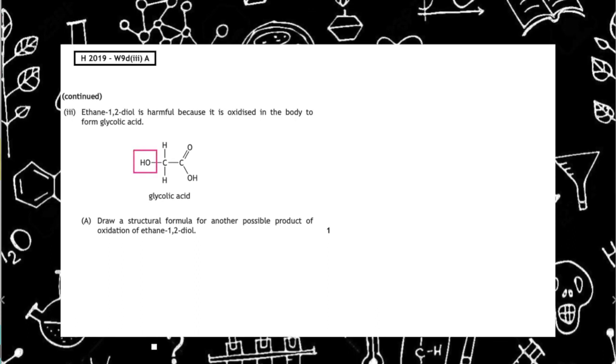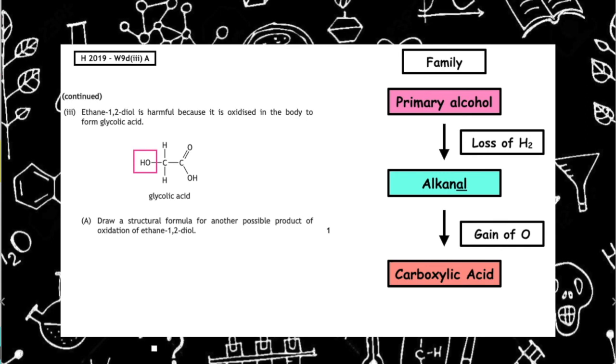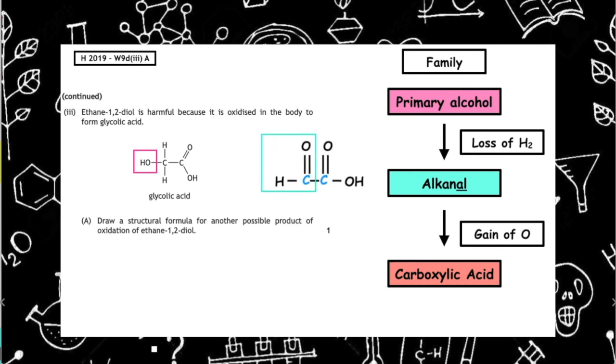The carbon which contains the hydroxyl group is bonded to one other carbon atom, so is known as a primary alcohol. Primary alcohols can undergo two stages of oxidation. If it's the loss of hydrogen, we would form an alkanal and the product would look like this. However, if it underwent the second stage of oxidation, it would form a carboxylic acid, so the product would be this.